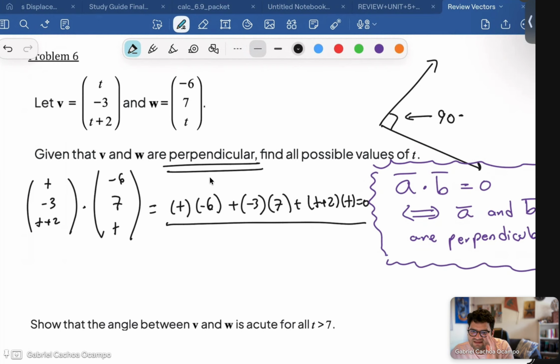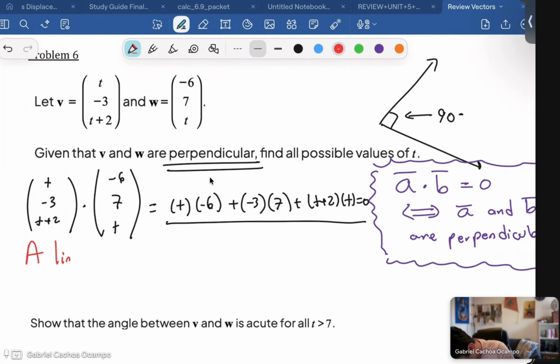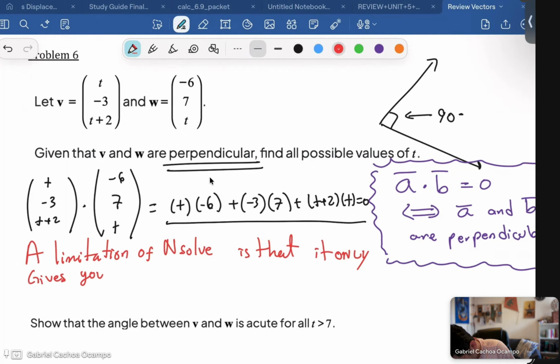This is a limitation of end solve: it only gives you one answer. And that's okay, kids. Don't worry, because there is a way of escaping from this.